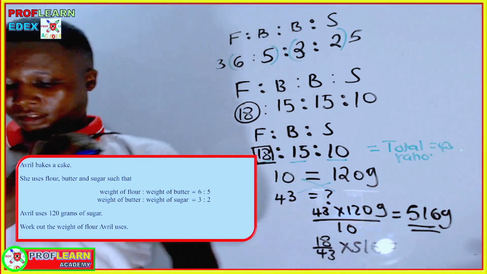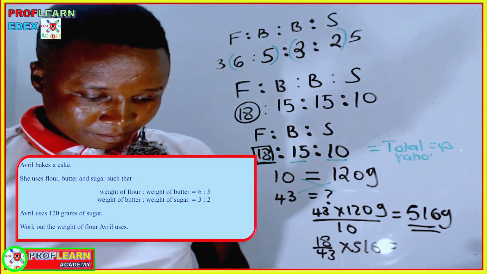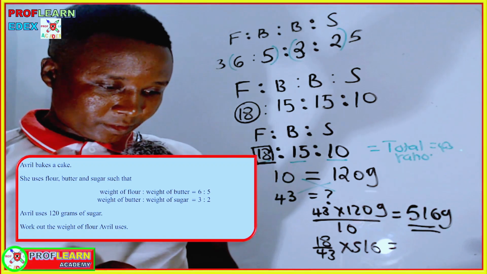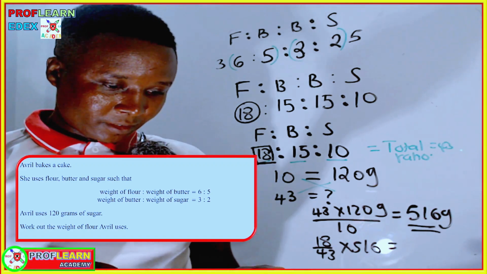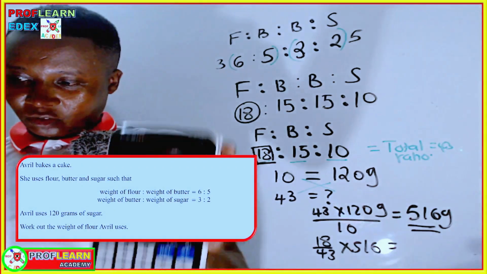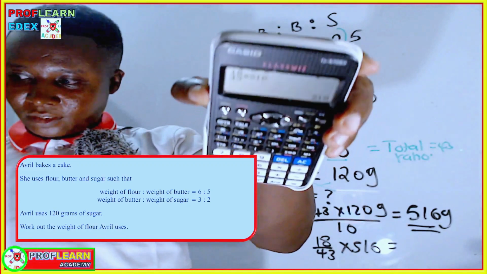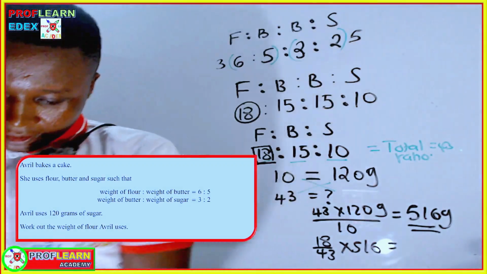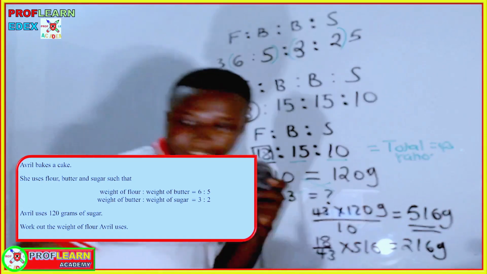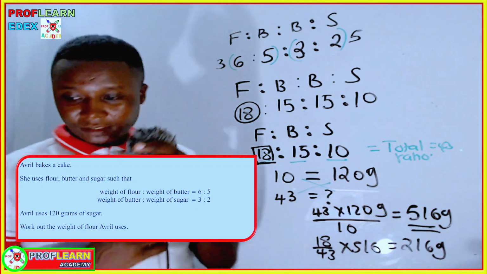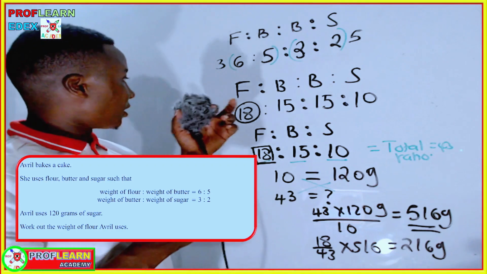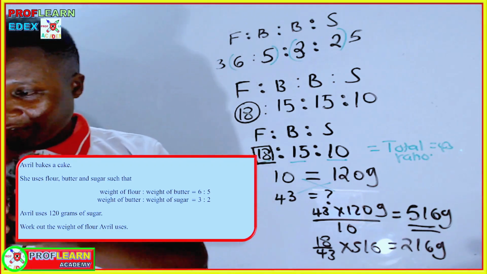If we put that in our calculator, this translates to 216. So 216 grams is the mass that Alville used for this production of the cake, especially in flour.